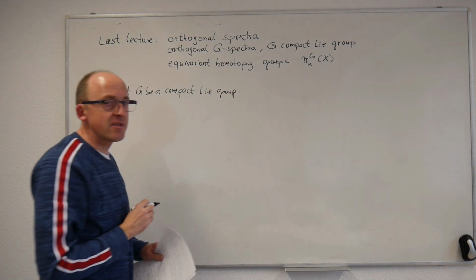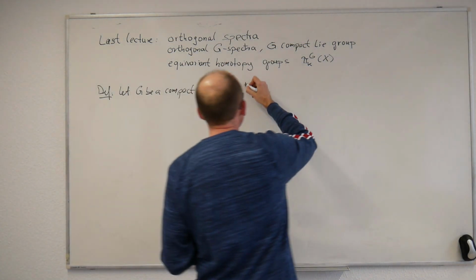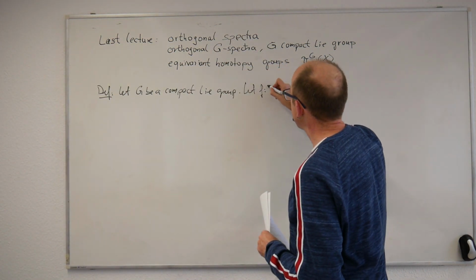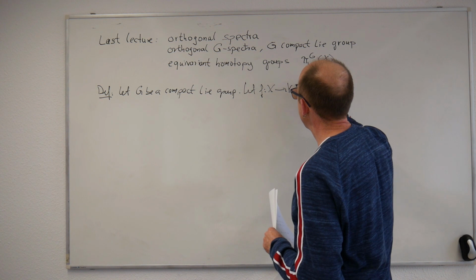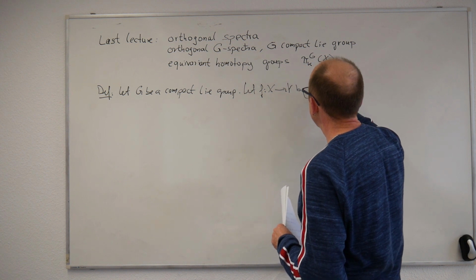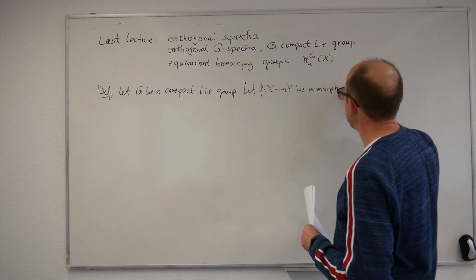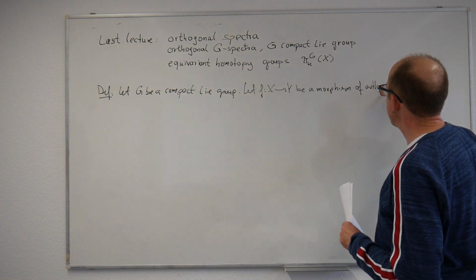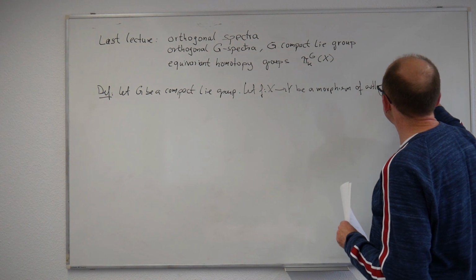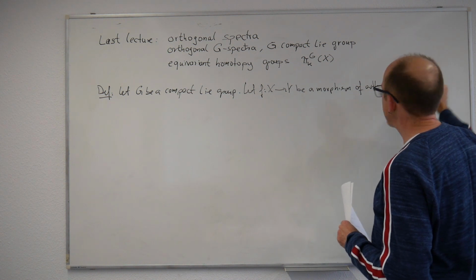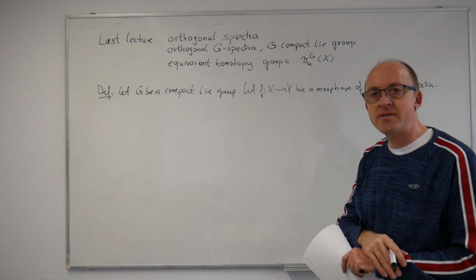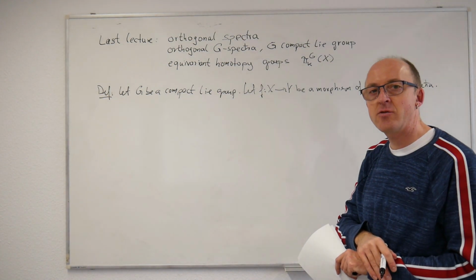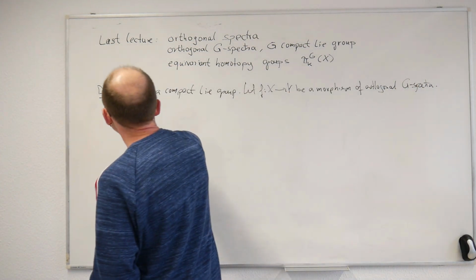Then we'll have a morphism of orthogonal G-spectra. So let f from X to Y be a morphism of orthogonal G-spectra. And then we'll define what a π_* isomorphism is, and I will underline the π_* isomorphism in this context, and you'll see why.